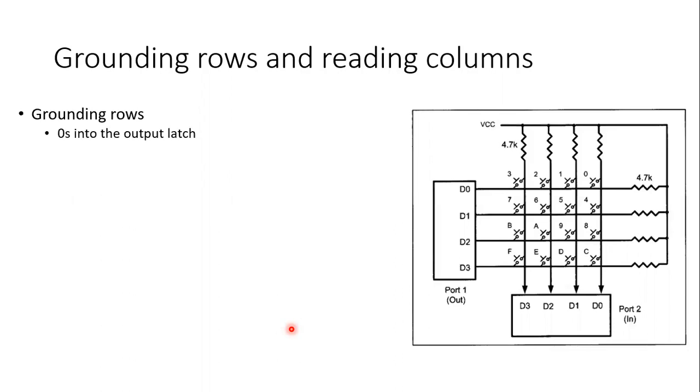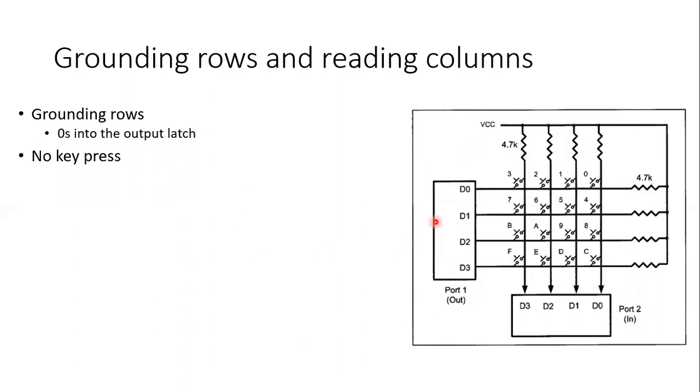Grounding rows means, as I told you earlier, connecting the bits of the port to zero level. How do you do that? By writing the value 0 into the latch of the port, we can set all the bits to ground.